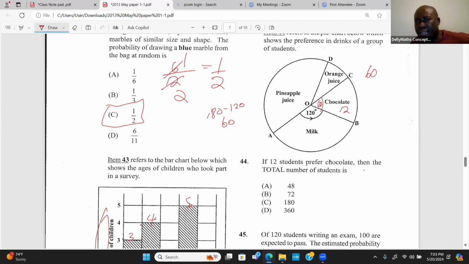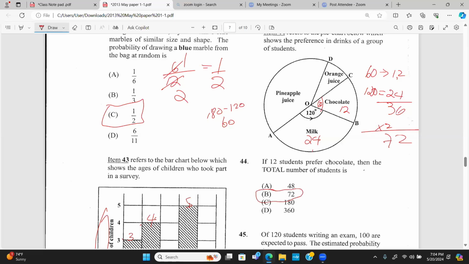Basically, this is telling me that 60 is 12. That means 120 must be 24. So that means milk is 24. Now, we're looking at the fact that the 12 and the 24 is 36, and it is half. That means if I double it, I get 72, which is the entire thing.